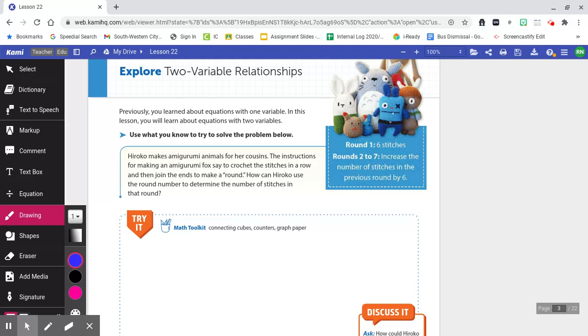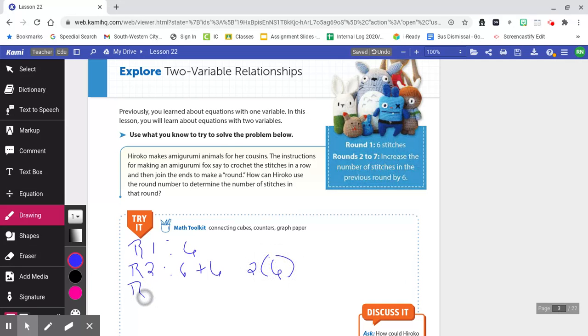Okay. Hopefully, if you wrote this down, you may have seen a pattern. If I said, well, round 1, I have 6 stitches. Round 2, I have 6 plus 6, or 2 times 6.